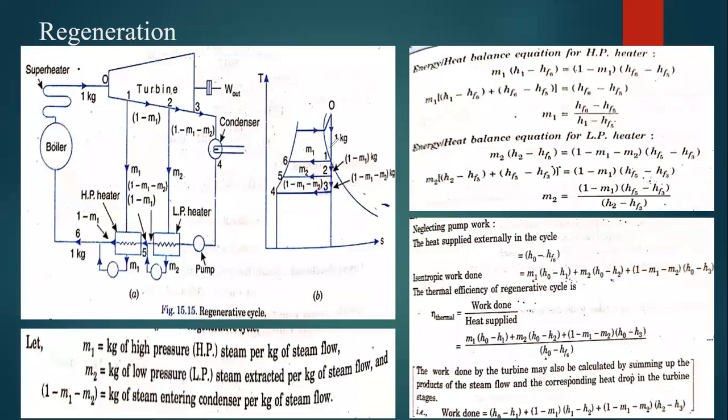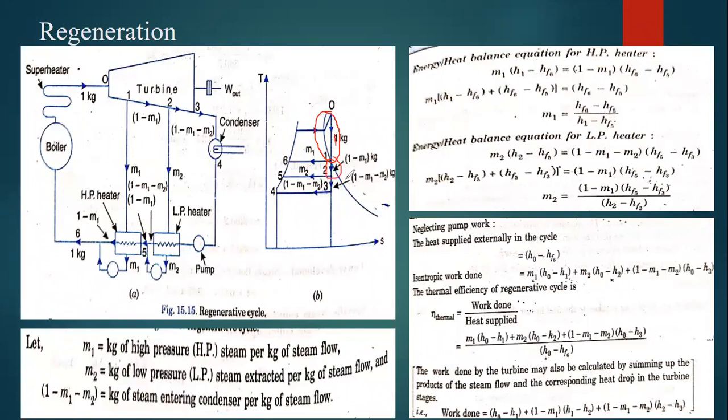Otherwise, I will go with the partial approach also. First of all, I have 1 kg of mass, and here it is H0 minus H1. Now if I take (1 minus M1) kg of mass, then the enthalpy difference is H1 minus H2.